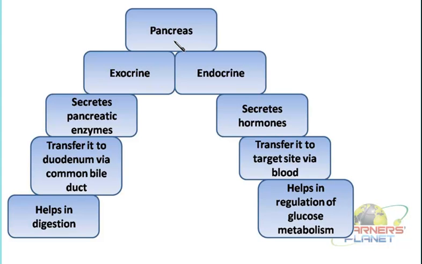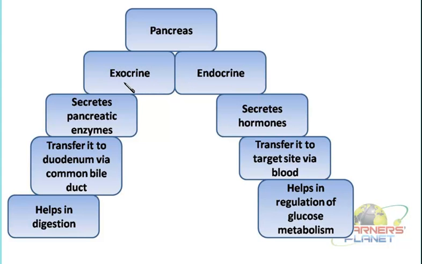Now these glands have a dual nature. That means they can behave as an exocrine gland as well as function as an endocrine gland. You remember what we mean by exocrine and endocrine?